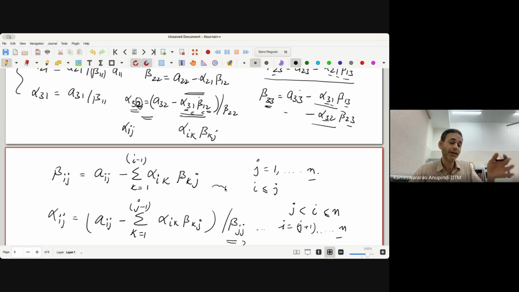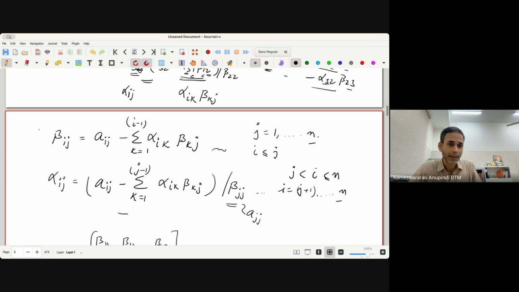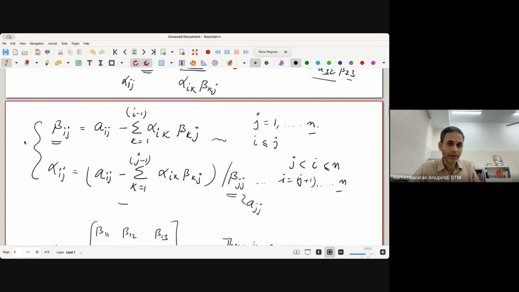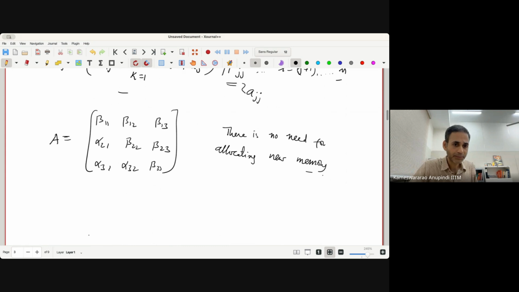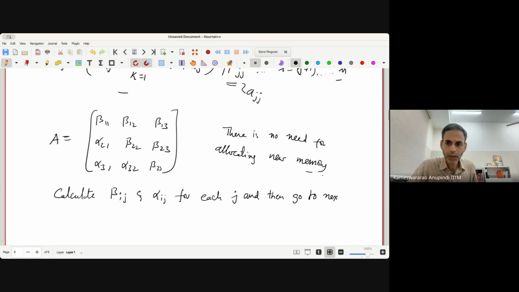So if we are using A itself to store, then it's going to use something else. That means for every j, calculate all beta ij's and all alpha ij's, and then go to the next j value.